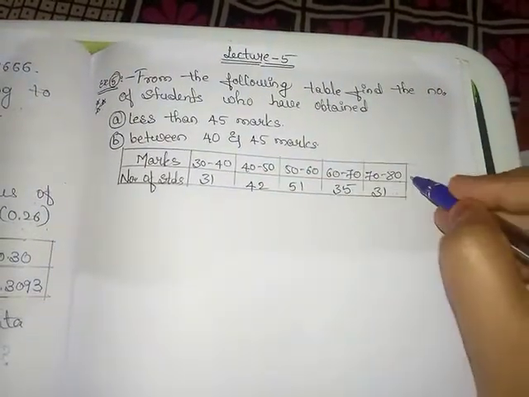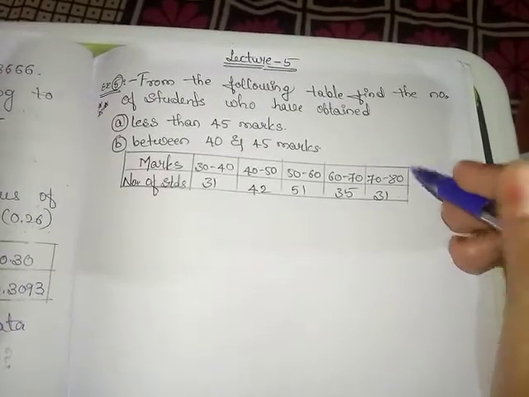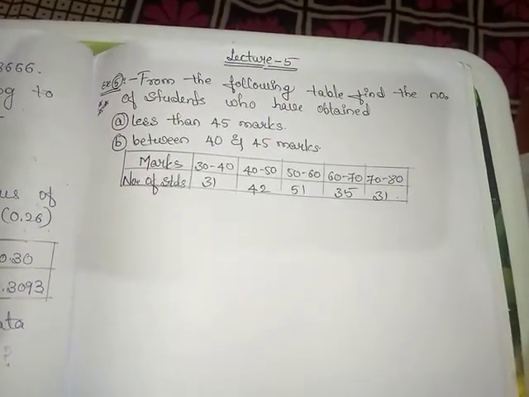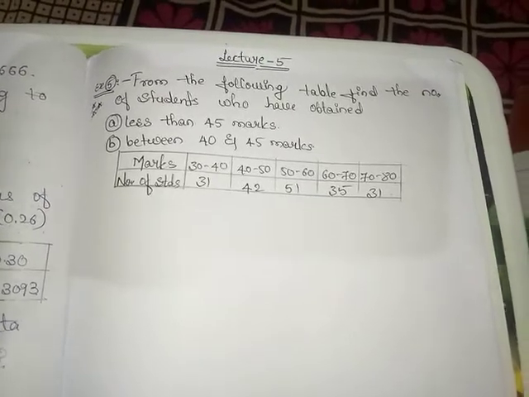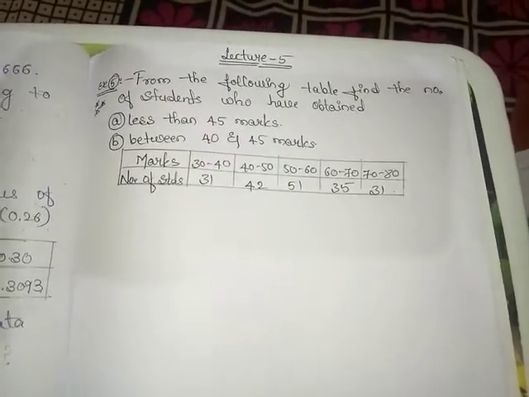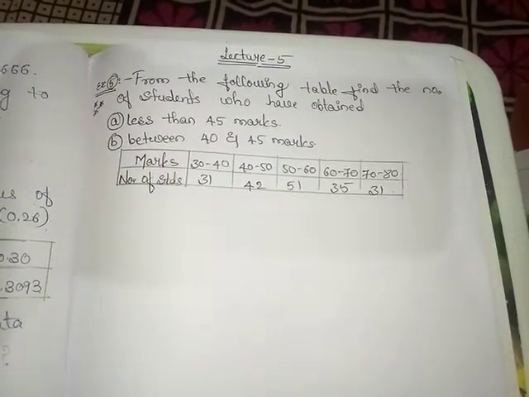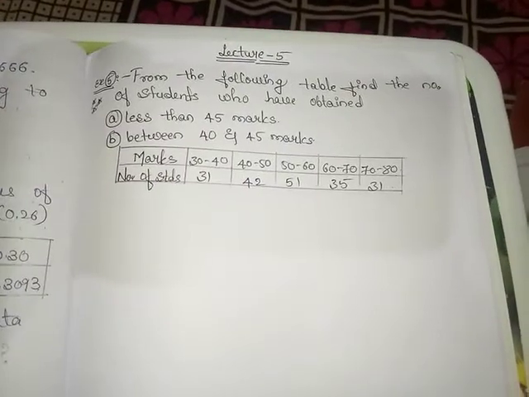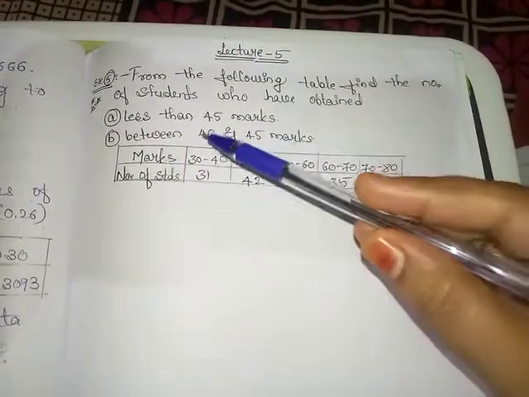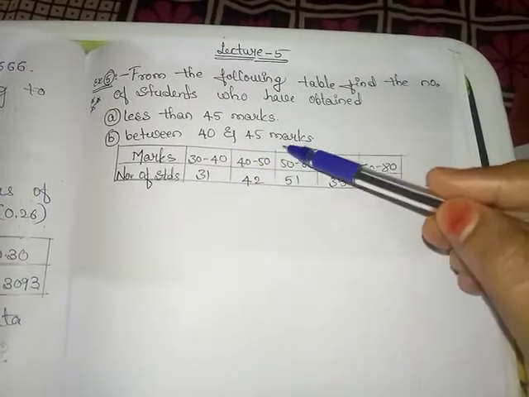Here they are given as grouped data. We have to convert this to ungrouped data because our x values are equidistant, means they have a common interval. We have to change this grouped data to ungrouped data having the common interval. Then we can find first, less than 45, and between 40 and 45.